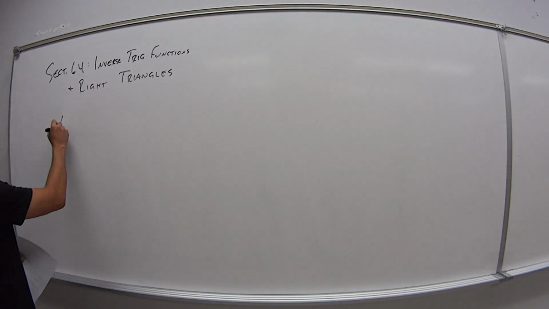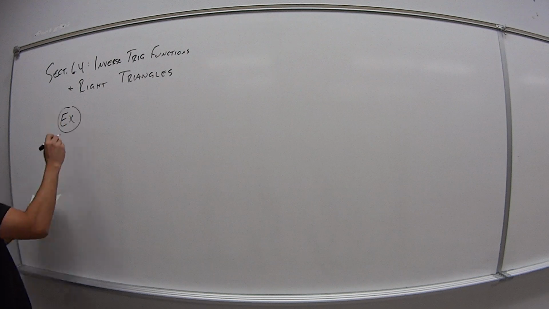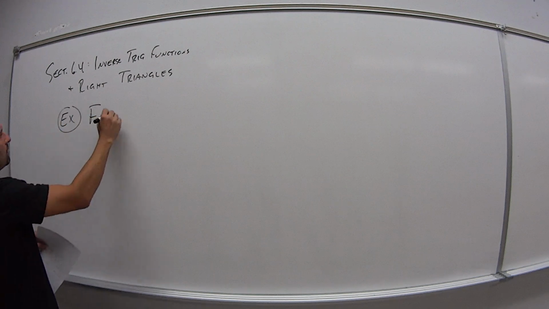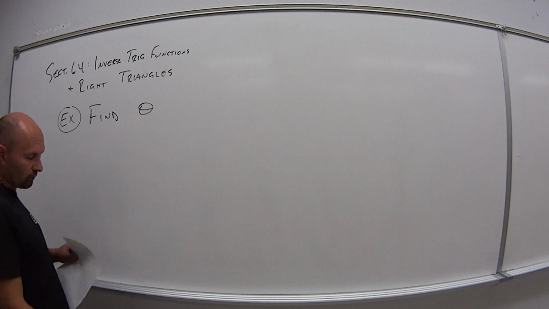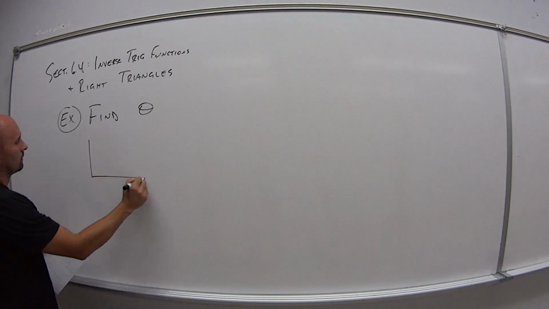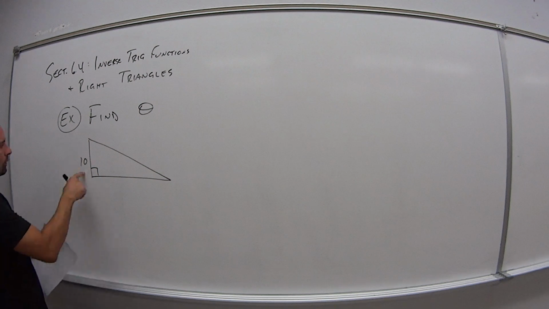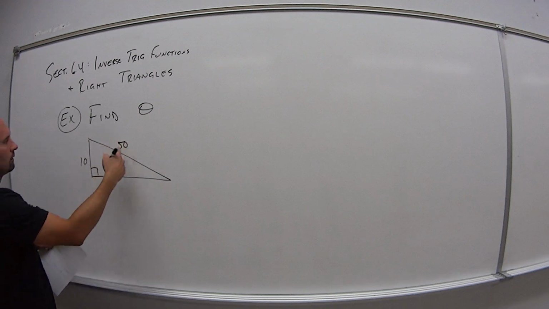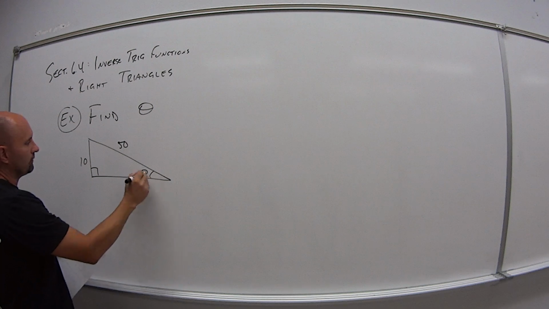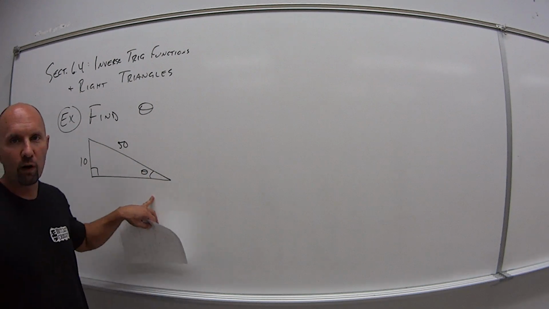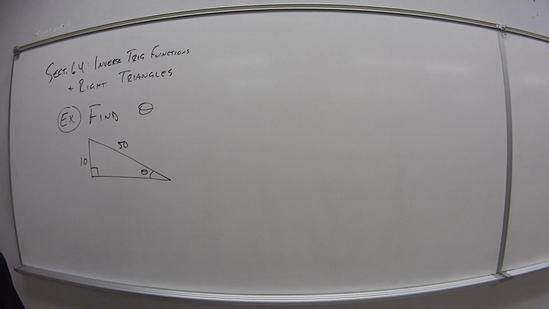So for example, let's say we wanted to find theta for the given triangle. It's a right triangle. One side is 10, the hypotenuse is 50, and the angle theta we're trying to find is this small angle down here at the corner.